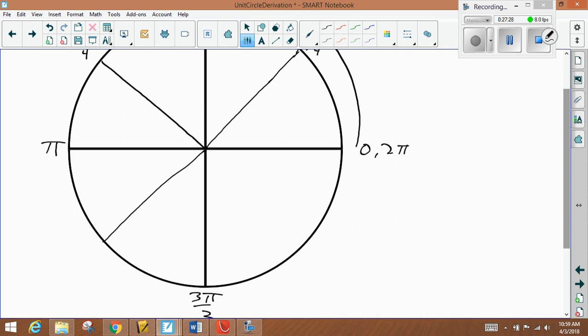So pi and a quarter. Pi over 4. And then pi and 3/4. 7 pi over 4.